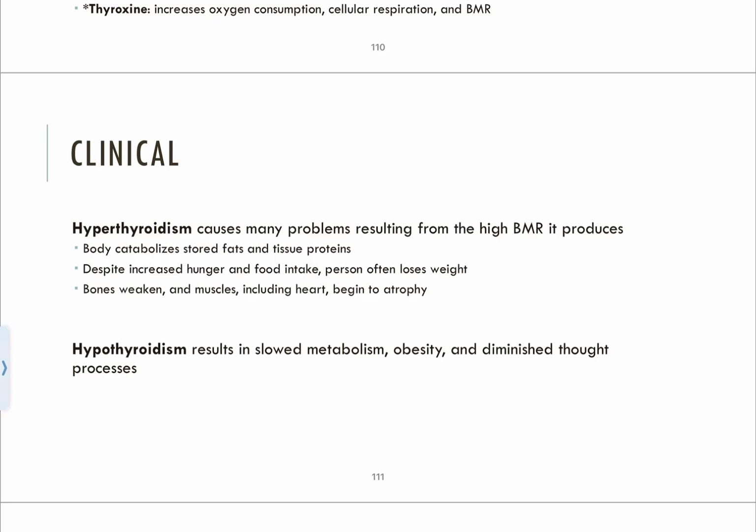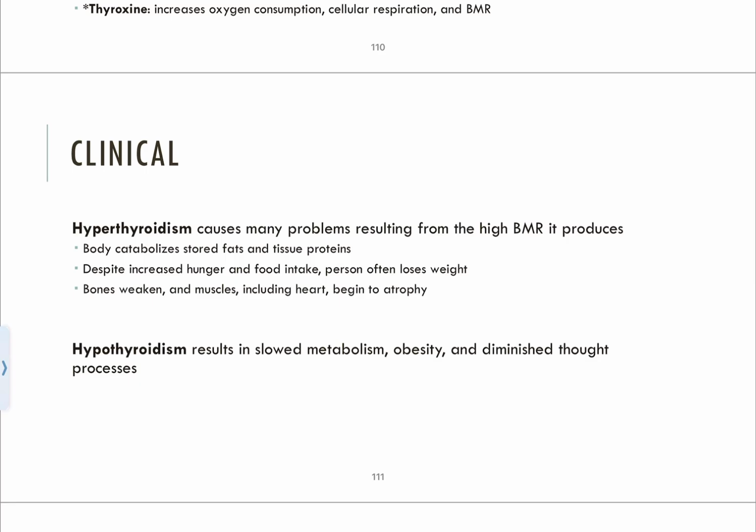Just clinically, we mentioned this a little bit when we were talking about our endocrine system, but hyperthyroidism and hypothyroidism are based off of our metabolism. So hyperthyroidism causes a lot of problems resulting from a really, really high BMR.